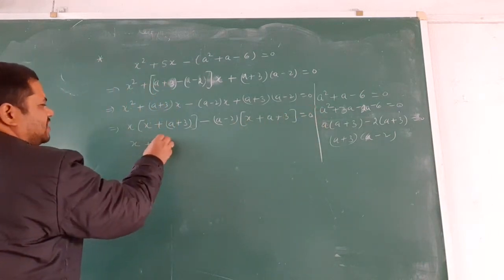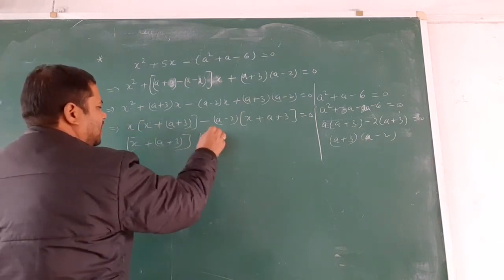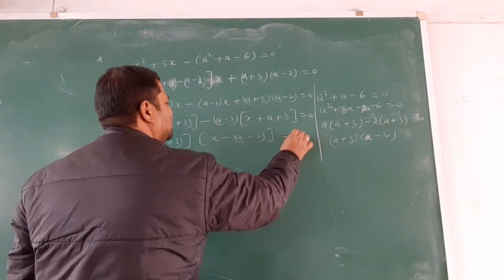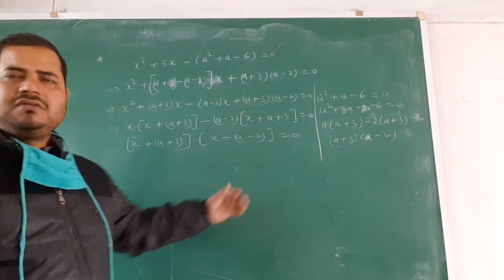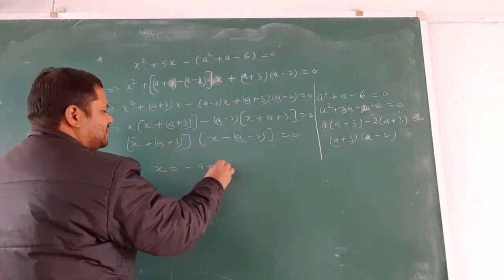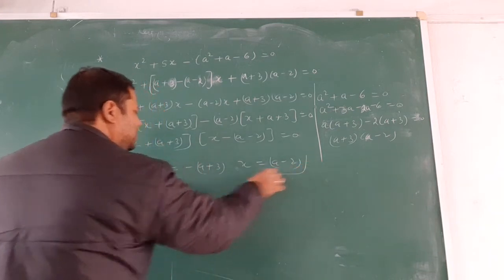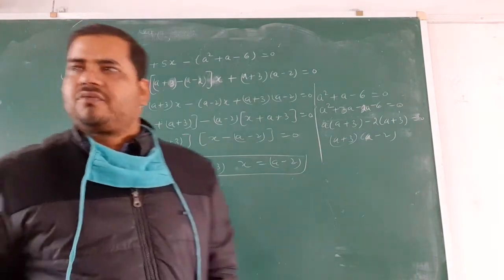So x plus a plus 3 is equals to 0, and x minus a minus 2, this whole is 0. So either this one is 0 or this one is 0. So x is nothing but minus of a plus 3, or x is nothing but a minus 2. So these are the solution of this quadratic equation.